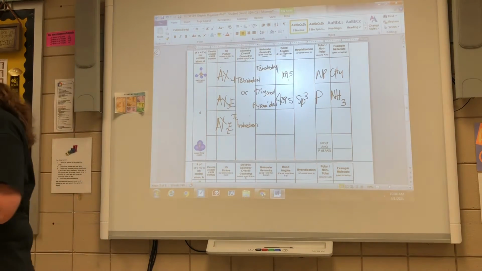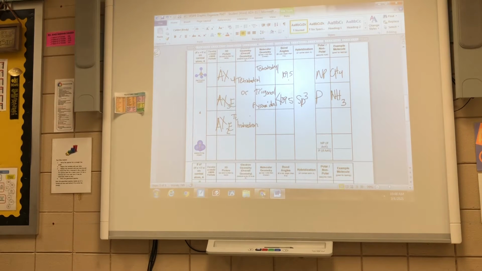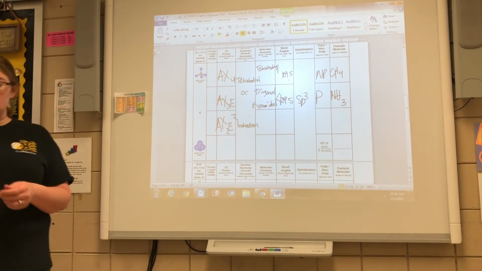So I'm going to take off another bond and add some electrons. So you have something that looks like this.